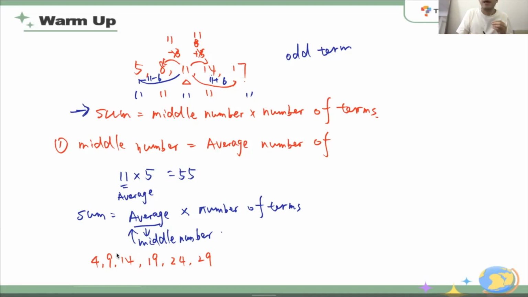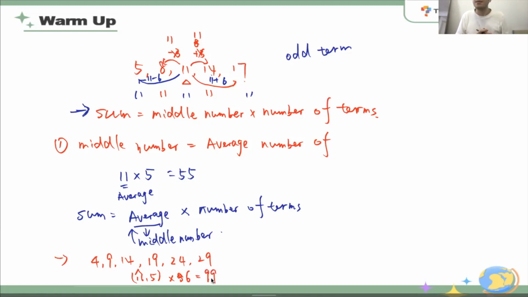And actually, in this sequence, the middle number is 16.5. Okay, but 16.5 is not in our sequence, right? That is the middle number. We just suppose we have a middle number that is 16.5, and we just times 6. We can find the total. That is 99.